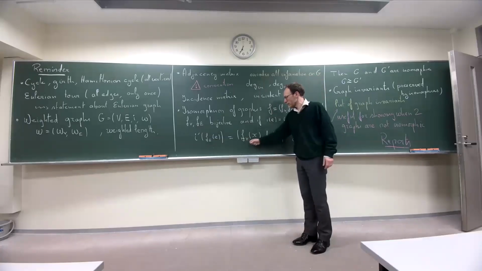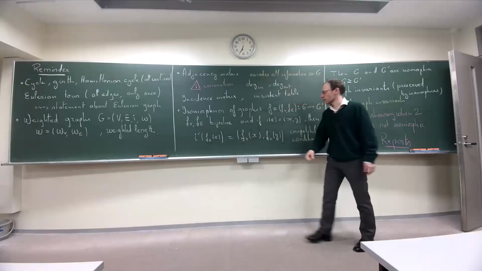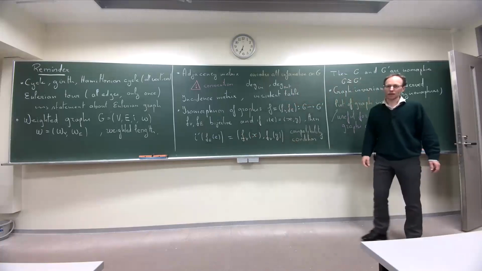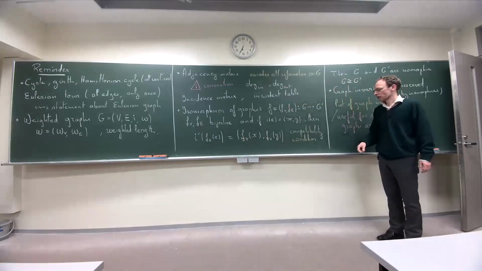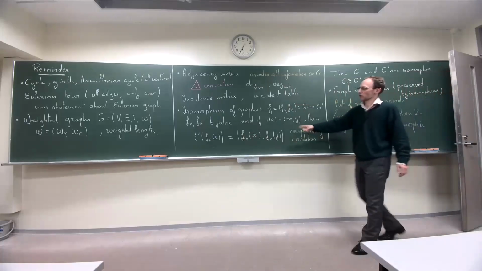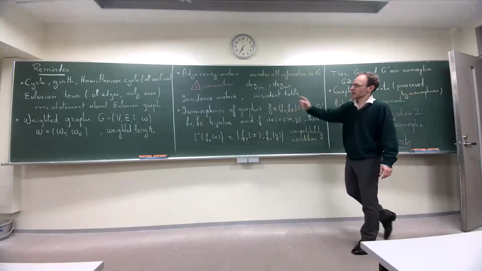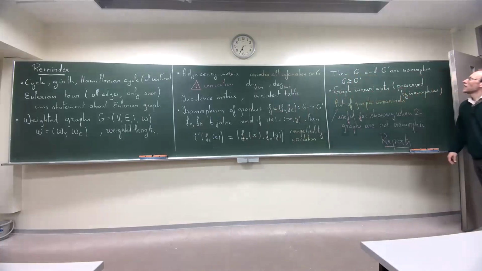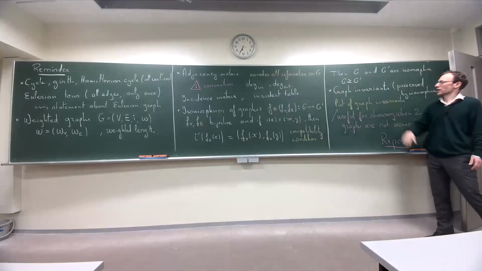They should be the image of the first endpoint and the image of the second endpoint of the initial edge. It's called the compatibility condition between the function f_V and the function f_E. And then if you have such an isomorphism, you say that the two graphs are the same or they are isomorphic, and we use this notation.